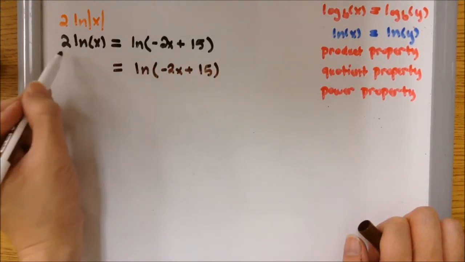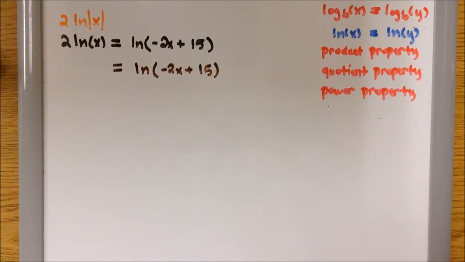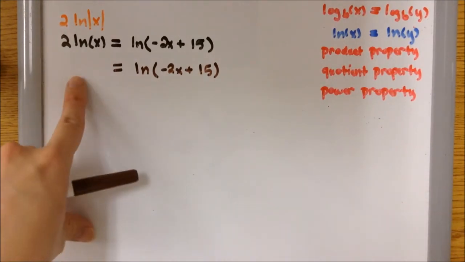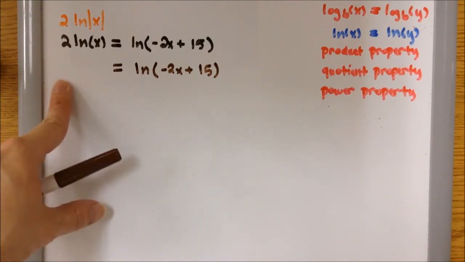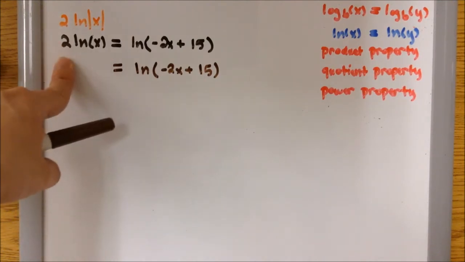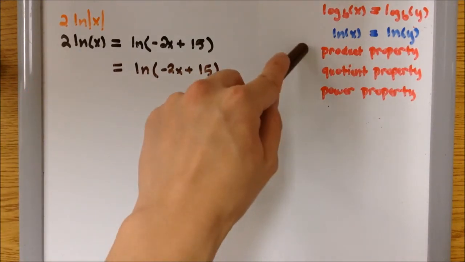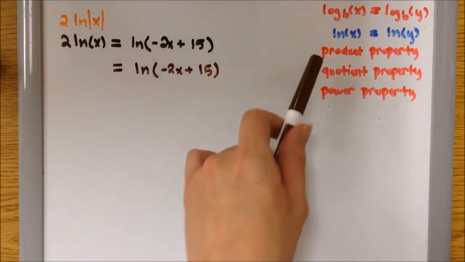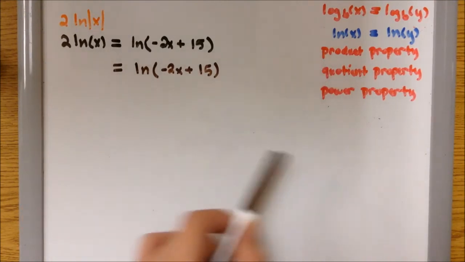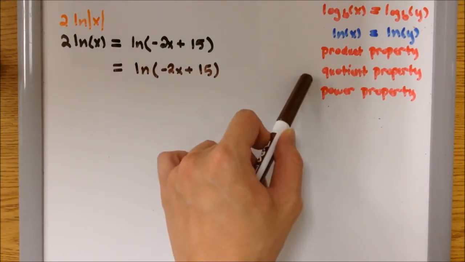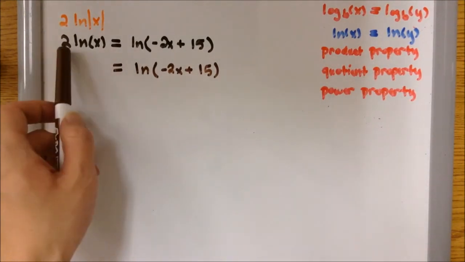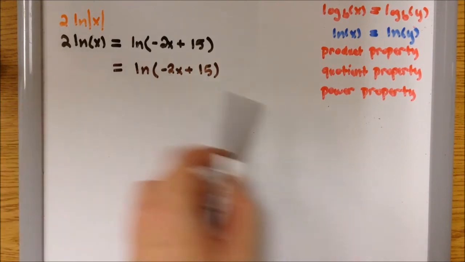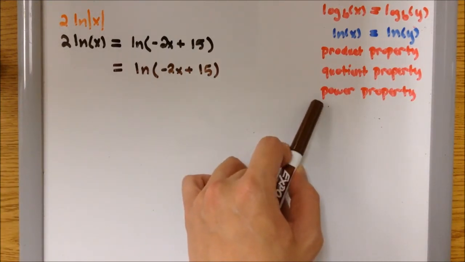Now here we have a 2 in front of the natural log, so I can't have that. I can't work it as an equation until I get a natural log with an invisible 1. So since there's a 2 in front of the natural log, I have to use one of these properties. Now, there's no plus, so I'm not going to use product. There's no minus, so I'm not going to use quotient. But there's a number in front of the natural log, so I can use the power property.